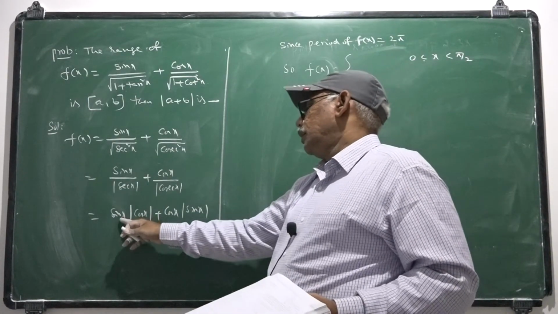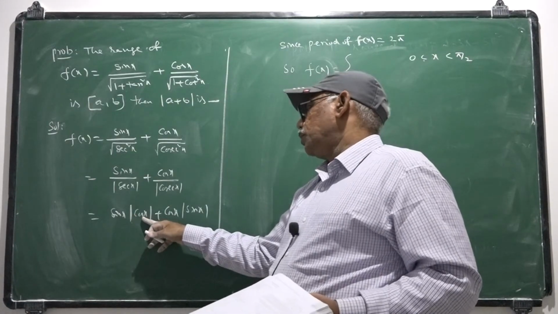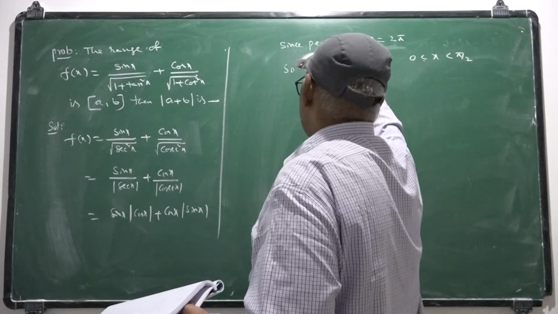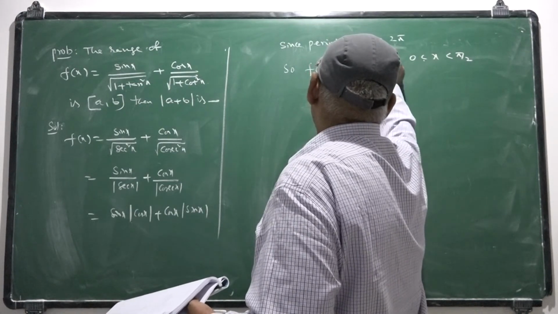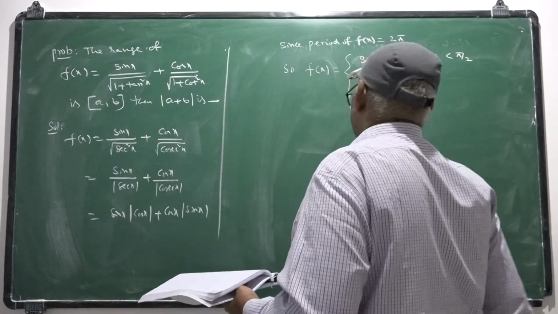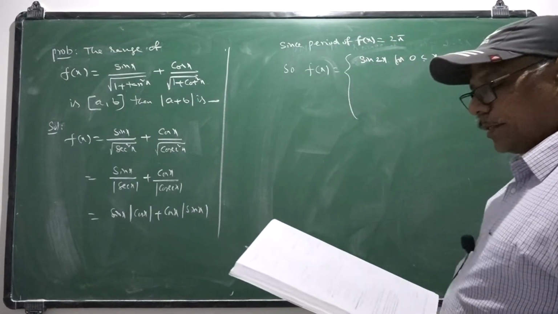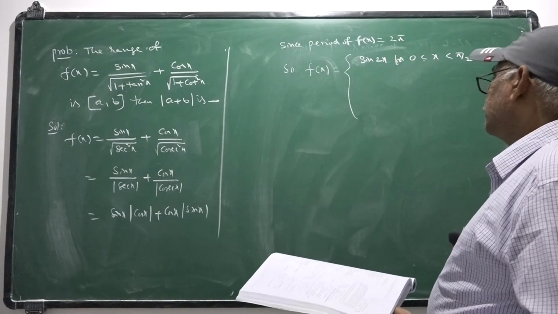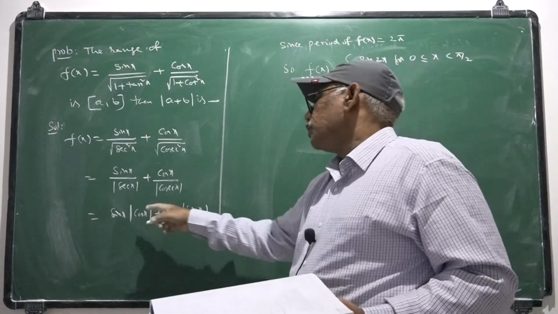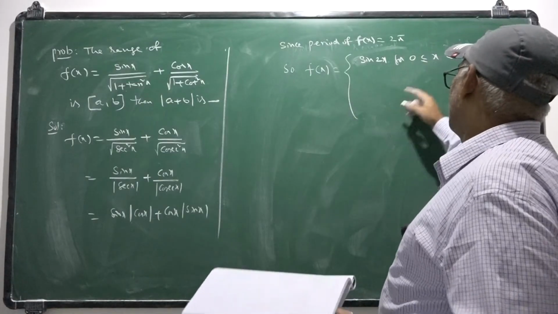This is sin x into cos x plus cos x into sin x, so 2 sin x cos x, that is sin 2x in the first quadrant. That is in case of 0 to pi by 2. If x equal to 0, of course this is 0 and this is 0, hence it is 0.